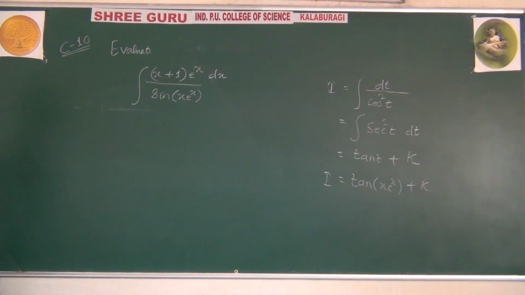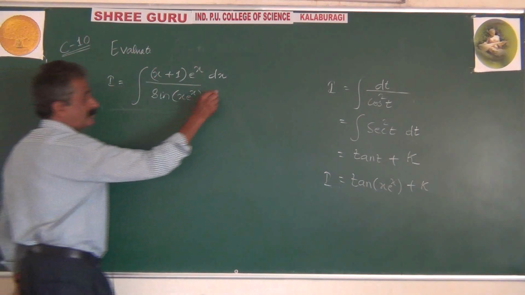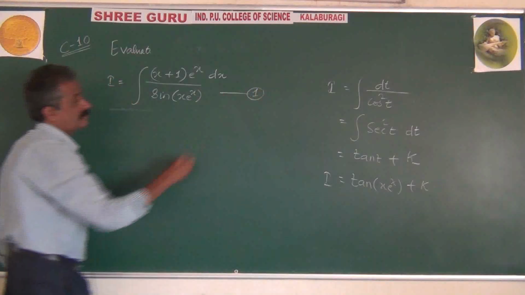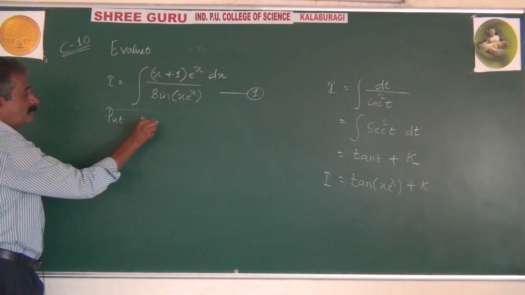So by observing the last problem, easily we can expect that we have to put for which one? X e power x. Put t equal to x into e power x.